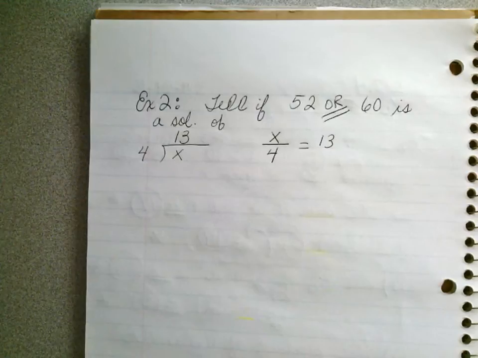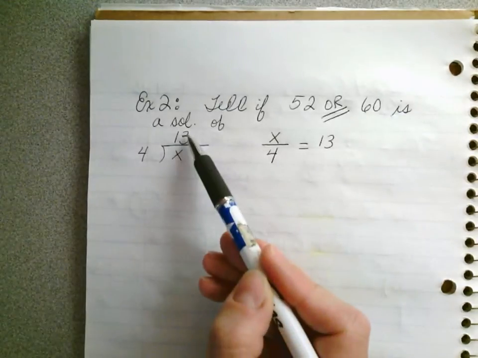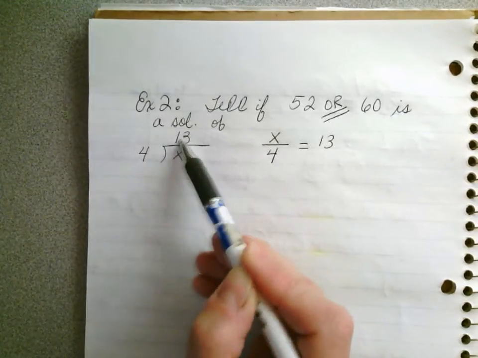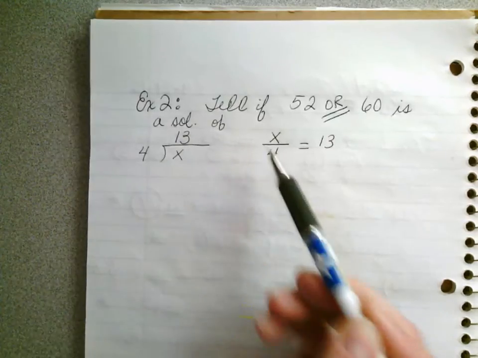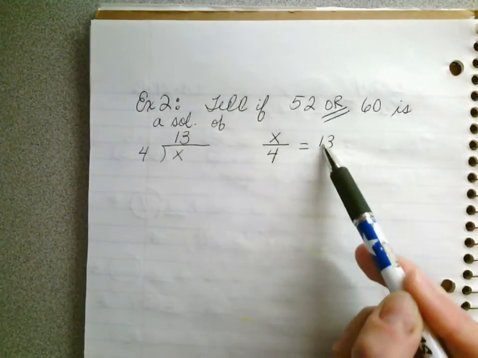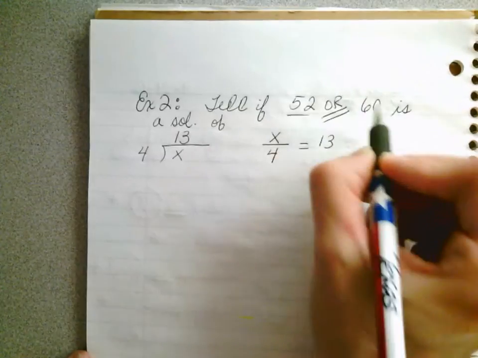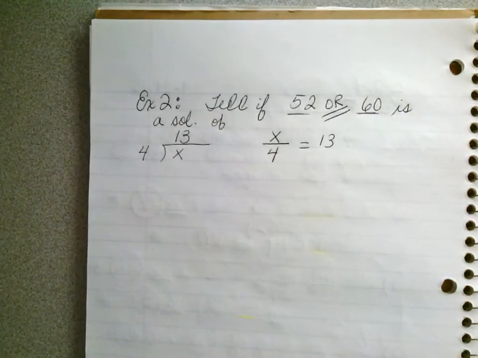In order to uncover what the dividend is, the easiest way to do it is to multiply those two numbers. Over here, it's to multiply those two numbers. Now, they've given you some choices, though, right? So I can easily test those choices.